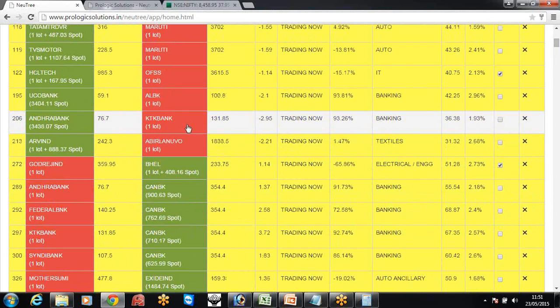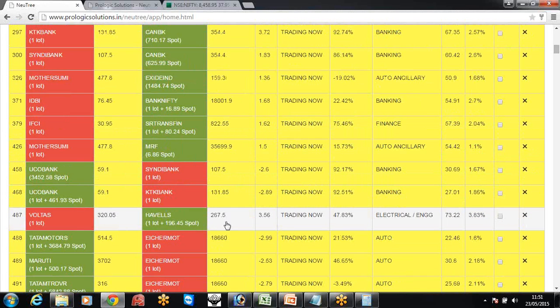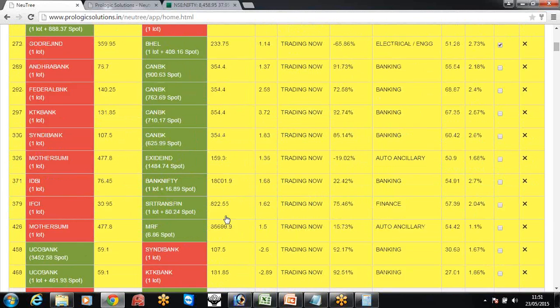So Andhra Bank and Karnataka Bank will have the call on Monday. Other than that, we have Voltas and Havells, which will be seeing the profits and losses on Monday.